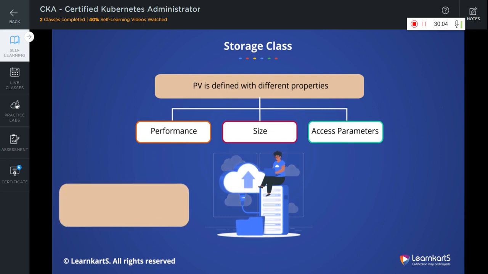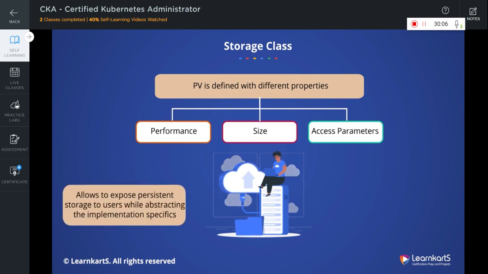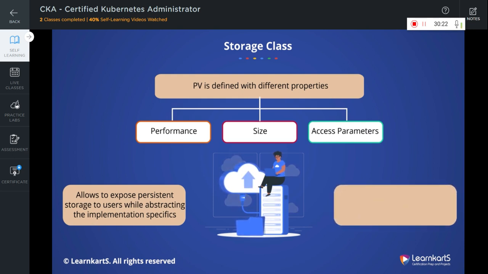If you allow exposing a persistent volume to the user while abstracting the implementation specification, you will not be tightly coupled. You always will be loosely coupled. Now, there are various different storage classes available to pick from. So, depending on the type of work you are doing, you can choose the storage class and then use it within your persistent volume.